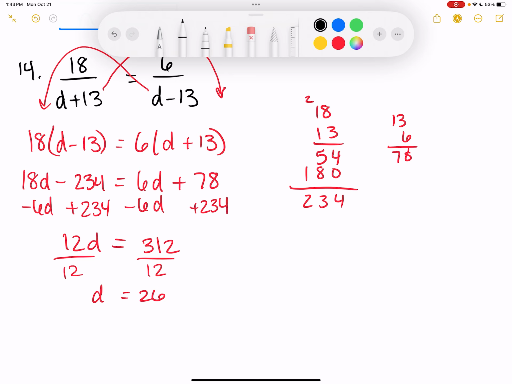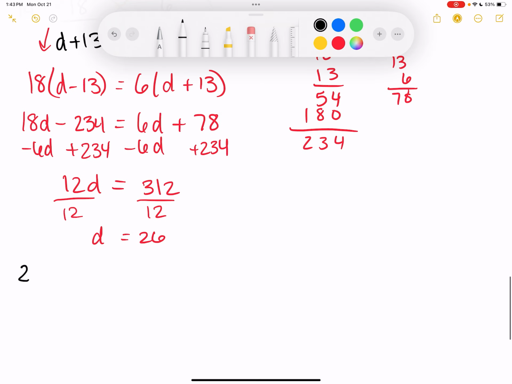All right, on this next one, I want you to take a second and try it on your own, and then we'll work it together. Number 20, a over 9a minus 2 equals 1 over 8. All right, so take a second and work that one.